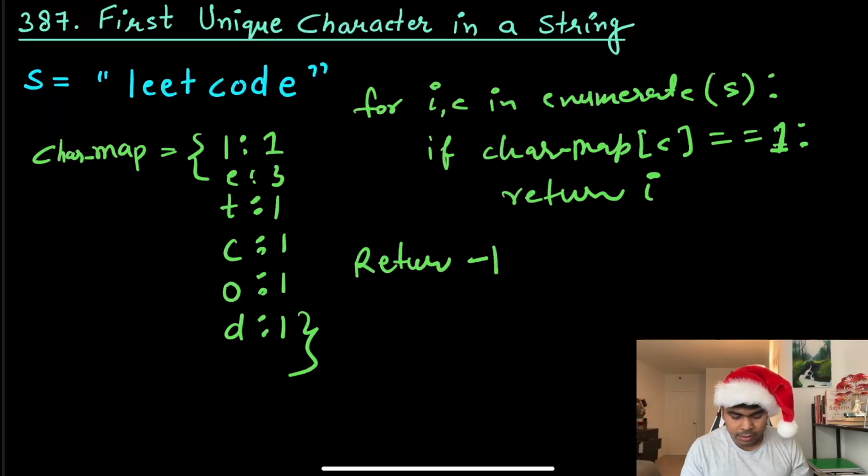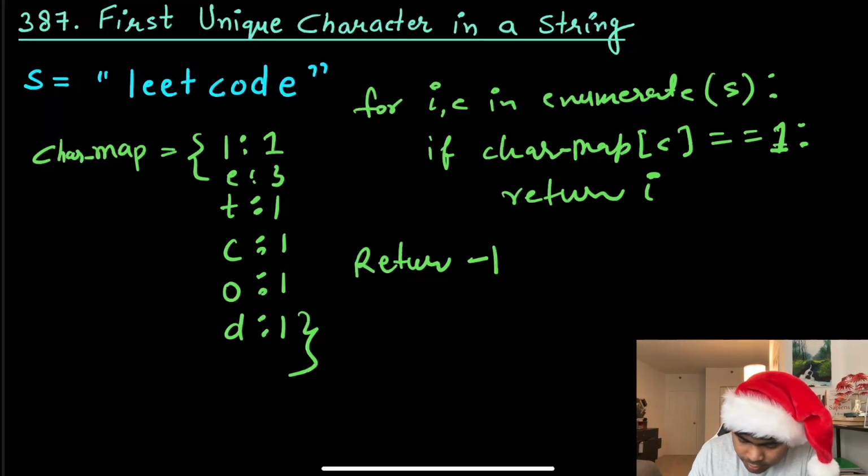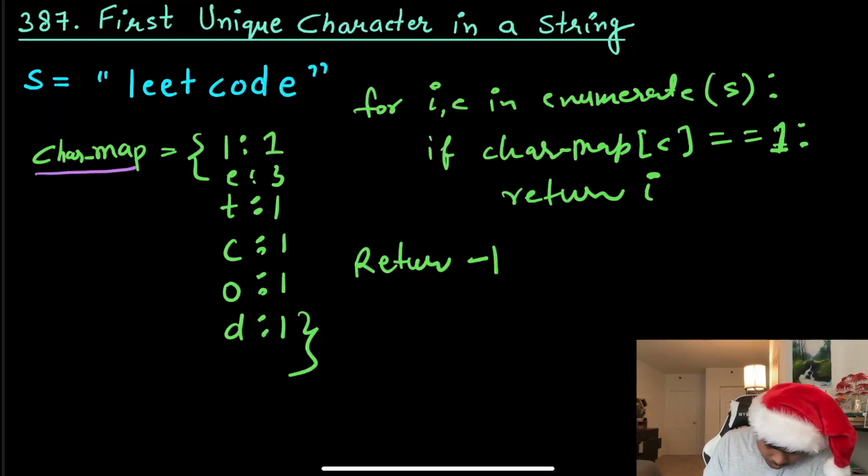This is the most optimal answer that you can do for this problem. Since we introduce this char map, our space complexity is big O of 26, you can also say big O of 1, constant.